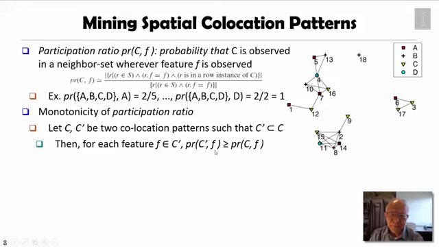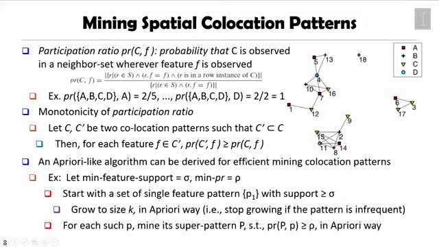That's why when F participates in C prime, for sure the participation ratio will be higher than participating in its superset. So based on this monotonicity, we can work out an Apriori-like algorithm to efficiently mine collocation patterns. Let's give such an example.